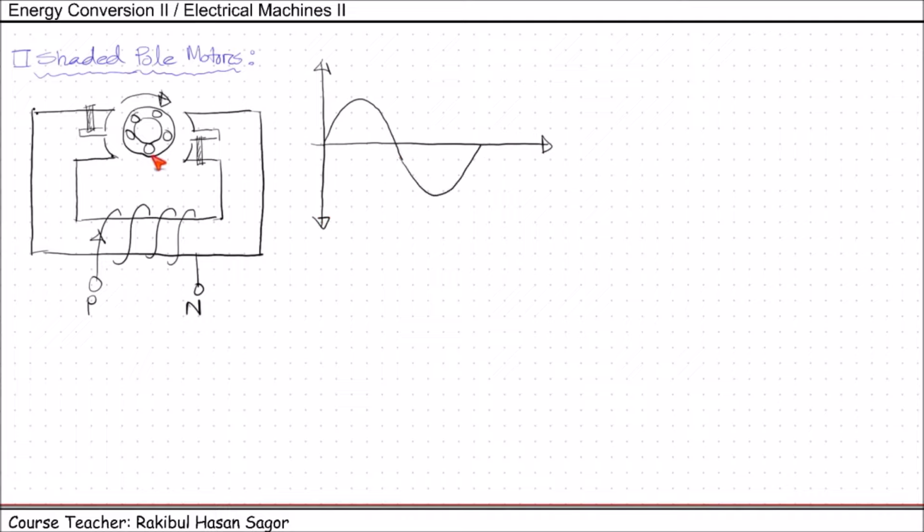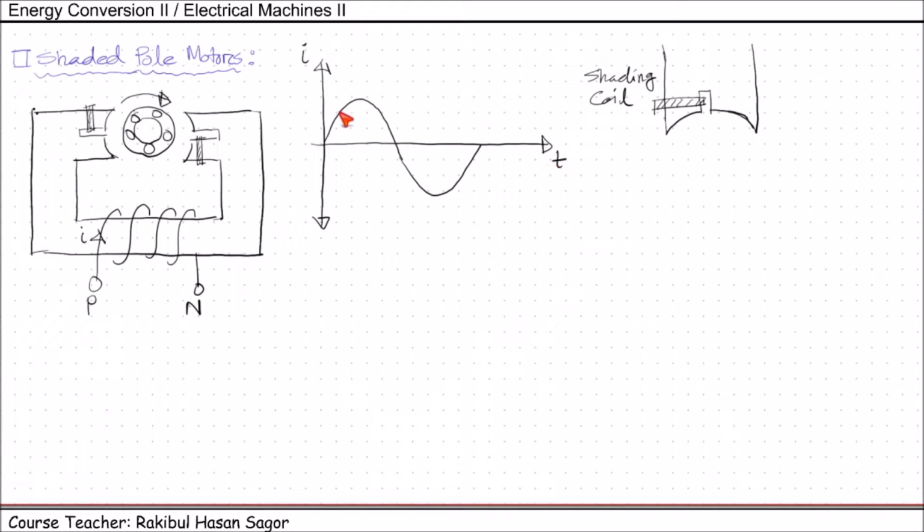If we consider this portion, suppose this is the shaded portion, this is the shading coil. This is the current flowing through this I, and this is the time t.